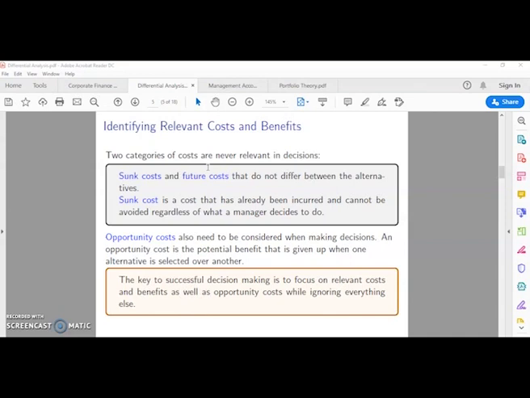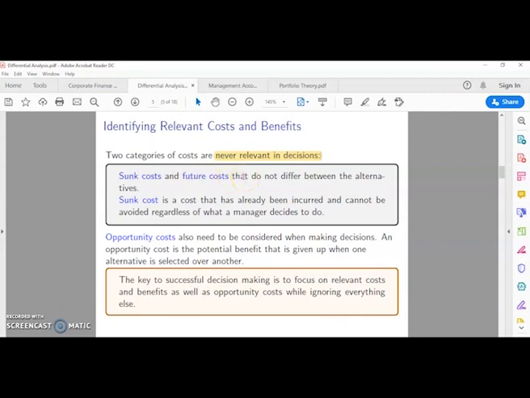Of course, we have different categories of costs, but there are always two categories of cost which are never relevant in our decisions. The first cost is sunk cost, and the second one is future cost.